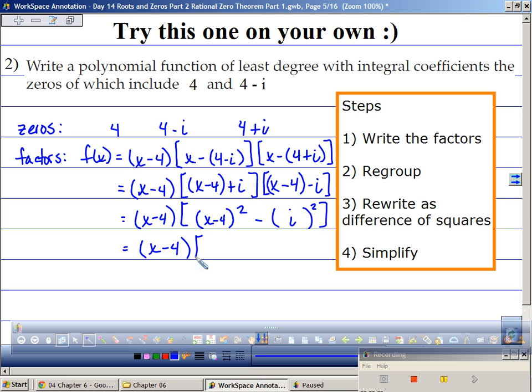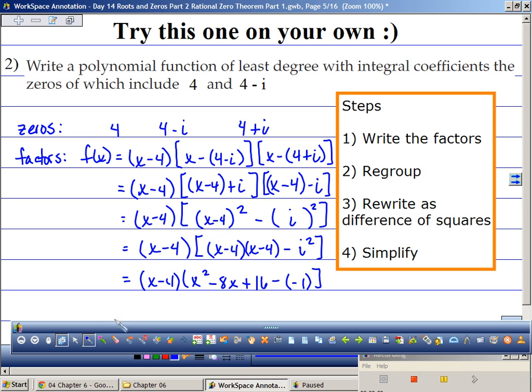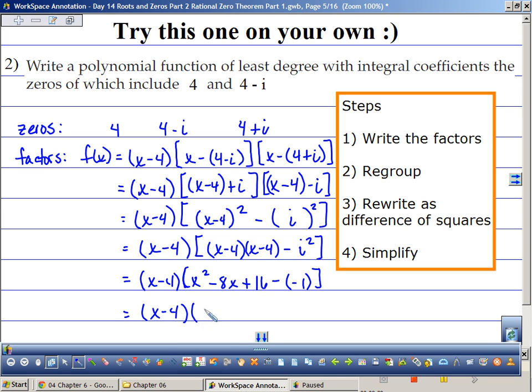Now I'm going to break this apart. x minus 4 times x minus 4 minus i squared, which is x minus 4 times, I might as well just use parentheses now, x squared minus 8x plus 16 minus negative 1. I should have used a bracket. Equals x squared minus 8x plus 17.